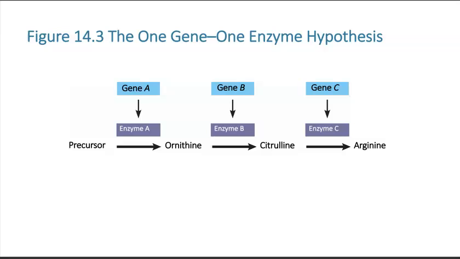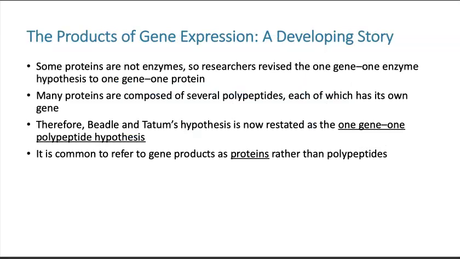It's important to remember that some proteins are not enzymes, right? So if genes make enzymes, then they're making proteins, right? So instead of thinking about this as one gene, one enzyme, we now have this concept of one gene, one protein.